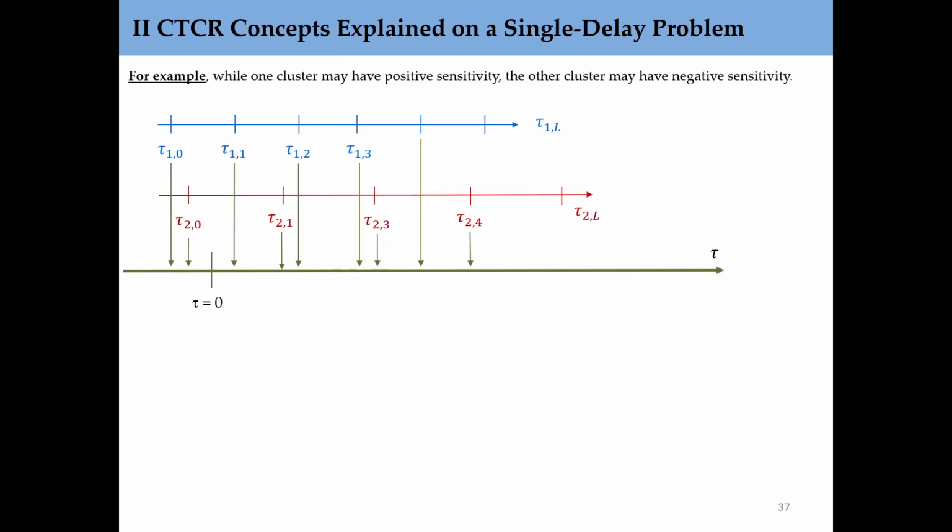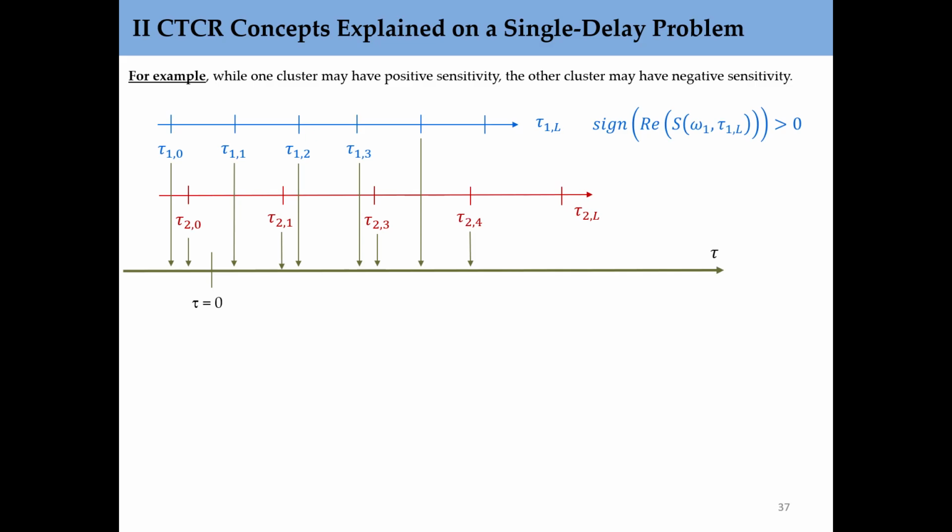As an example, let's take a similar case. We have two crossings, so we have a blue and a red set, each corresponding to infinitely many delay values, and in each set these delay values create a crossing at omega 1 or omega 2.